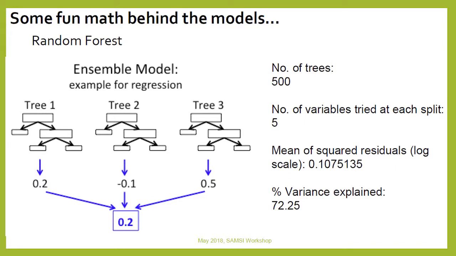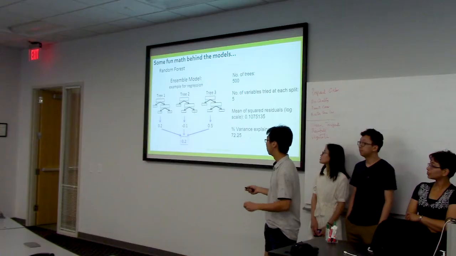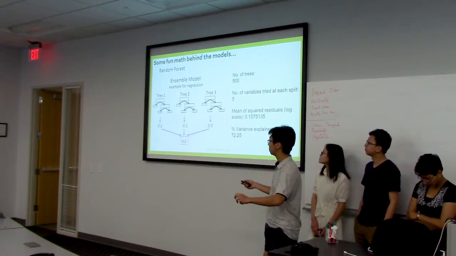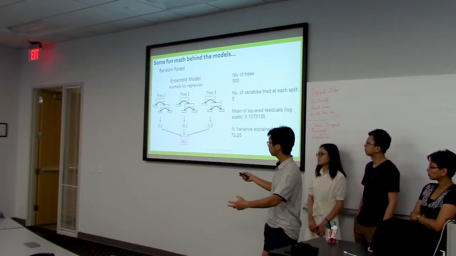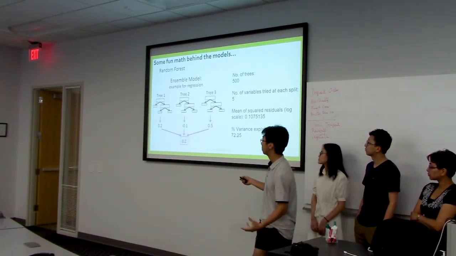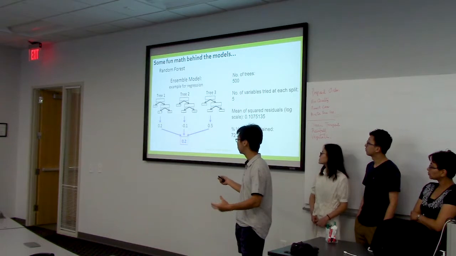And then you make similar splits until you reach the end node where you have the values of all the data points inside that certain split. And you take those values as your prediction value for your tree 1. So this is how you get the prediction for one tree.